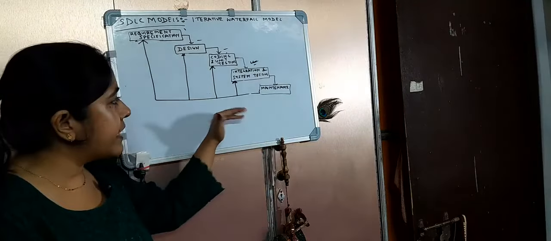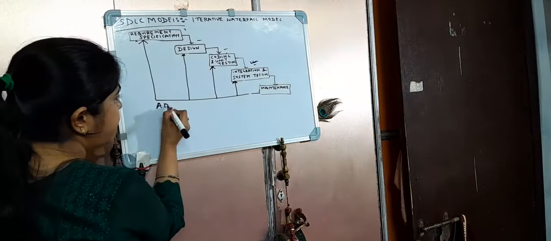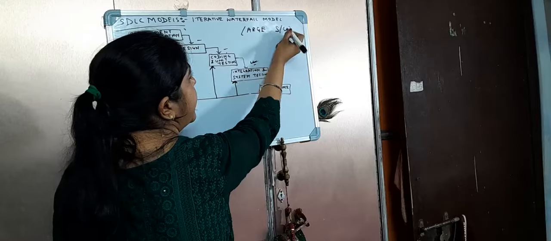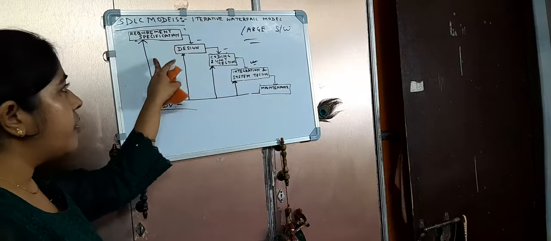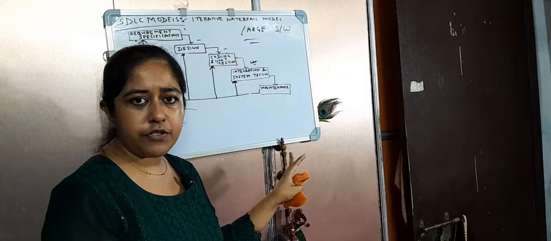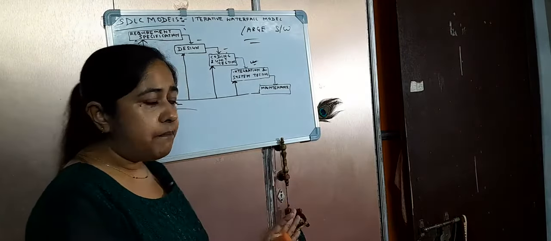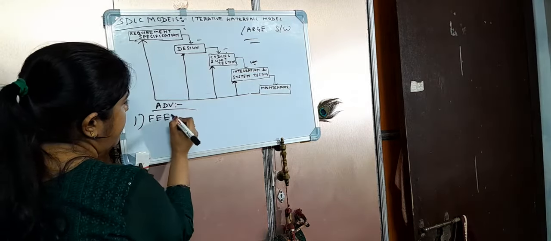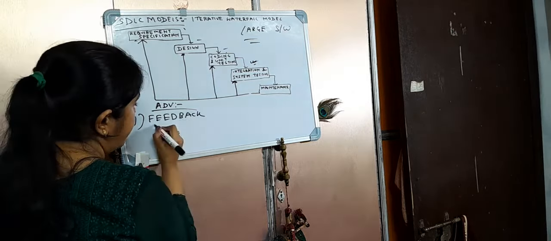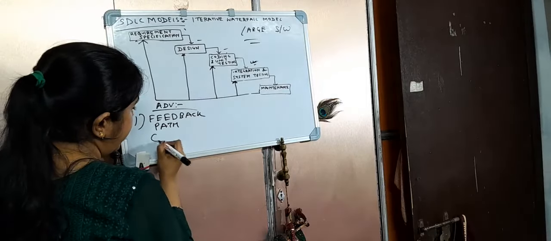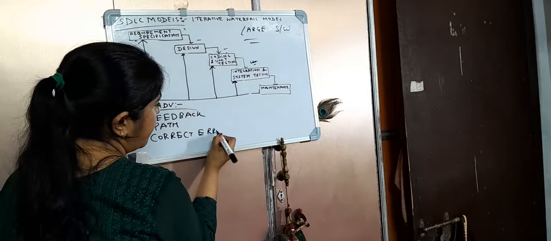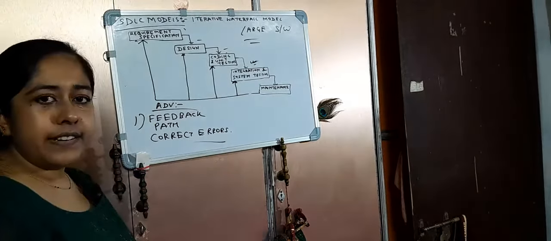So what are the advantages? Mainly it is for large projects, large software. All these phases are the same as in the classical waterfall model, which I have already discussed. But here the main advantage is the feedback path, from where you can correct your errors easily.